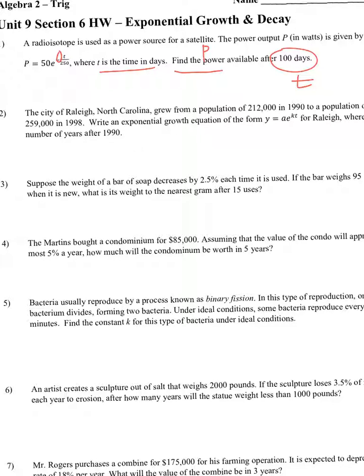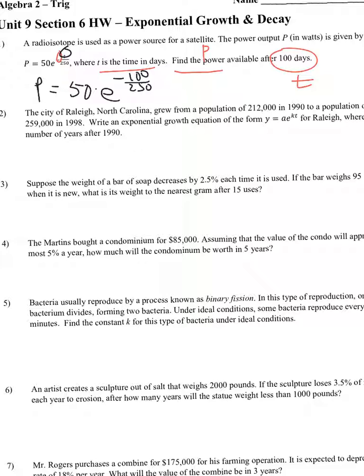We're trying to find P. So P is equal to 50 times e to the negative, and for t we're going to put 100, so it's 100 over 250 up in the exponent.